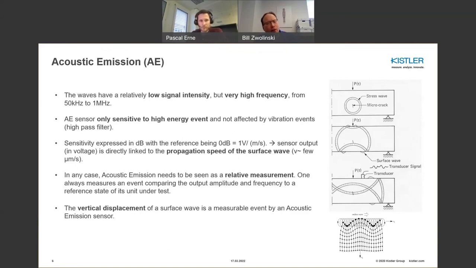Then you compare the performance as the equipment is used, as it creates certain anomalies or defects, and then you're able to detect them with the acoustic emission. So it's definitely a relative measurement, and certainly this vertical displacement of the surface wave that I talked about is exactly what the acoustic emission sensor measures.